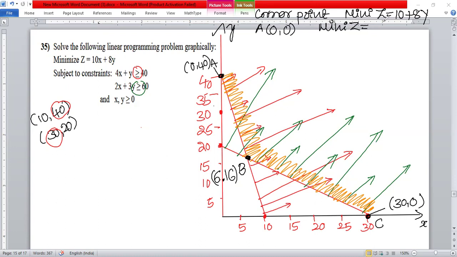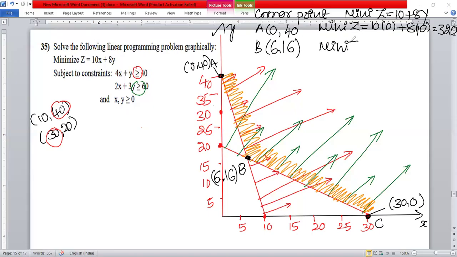Minimize Z is equal to 10 into 0 plus 8 into 40, A corner point 0, 40. So 8 into 40 is 320. Similarly, B corner point 6, 16.